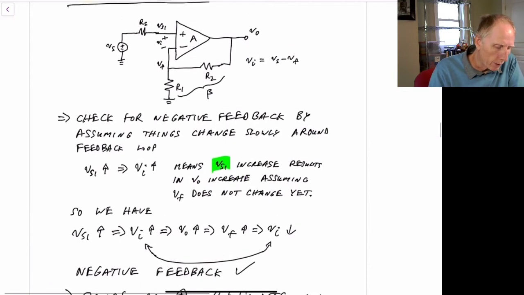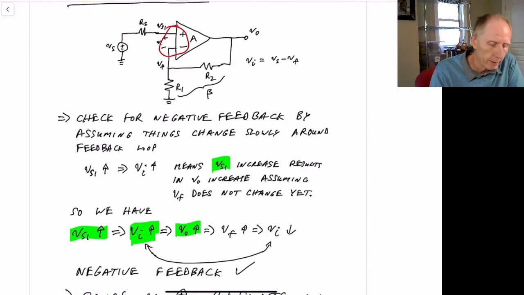So now if we look at our circuit up above, V sub S increasing results in V sub I increasing. If V sub I increases, that will result in V out increasing. That's because V sub I is across the positive and negative terminals of A, so V out is equal to A times V sub I. So if V sub I increases, then V out will increase, since A is positive.